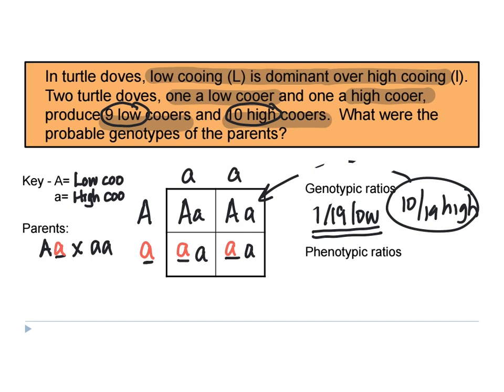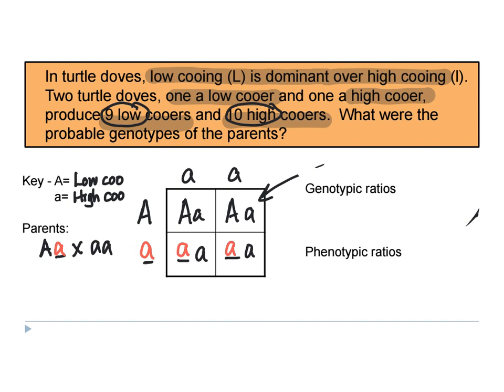Now, this also means that I can round out my problem by filling out the remainder of the Punnett square as it would look based on the probabilities. So this is going to be 2 out of 4 big A, little a, 2 out of 4 little a, little a.